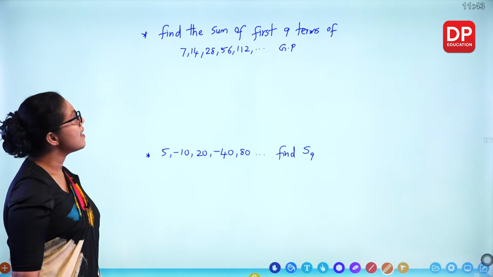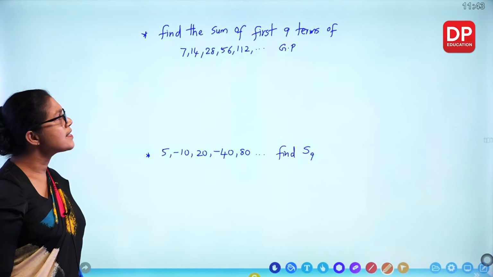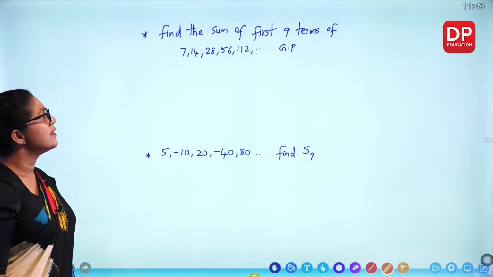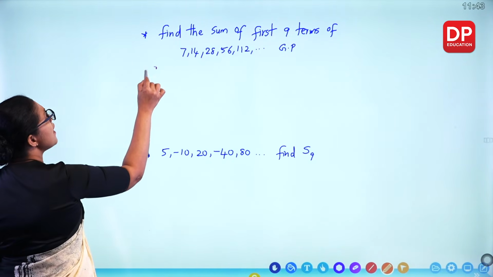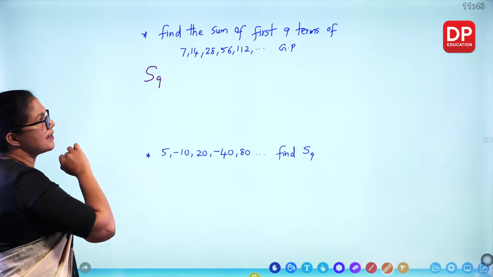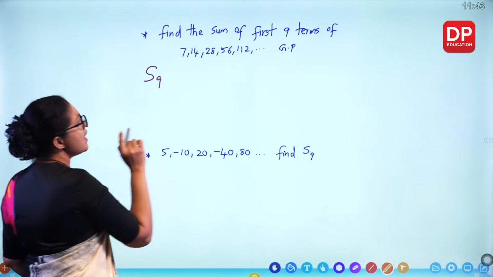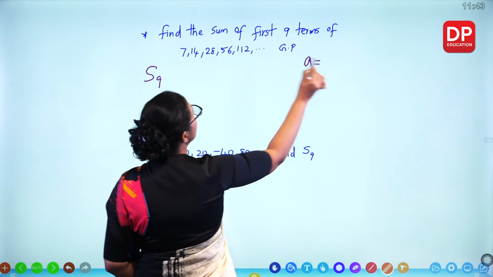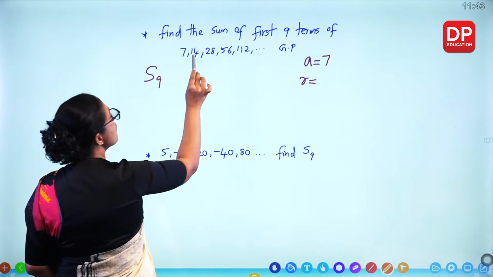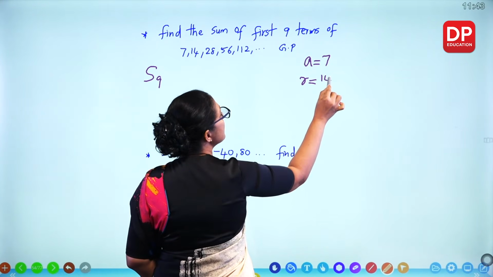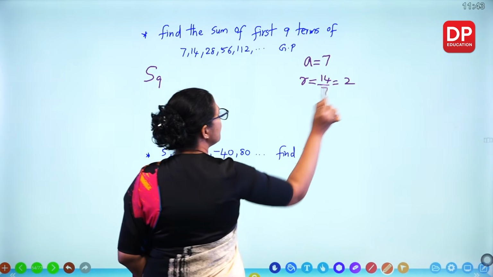Now look at this example. Find the sum of the first 9 terms of this geometric progression. So that means S9. What is A? First term is 7. What is the ratio? 14 divided by 7, that's 2.